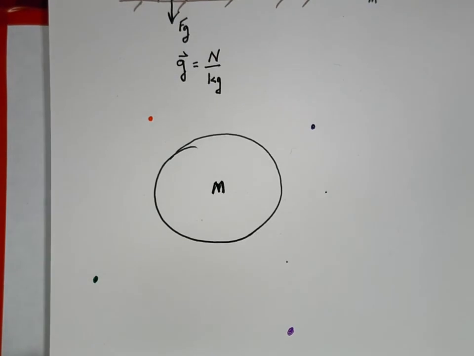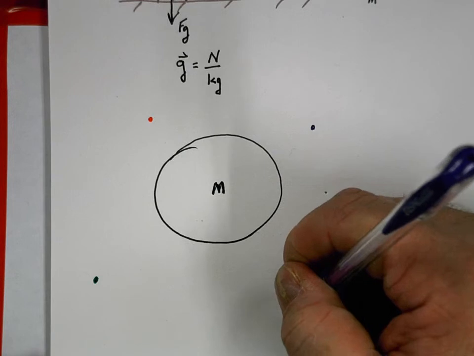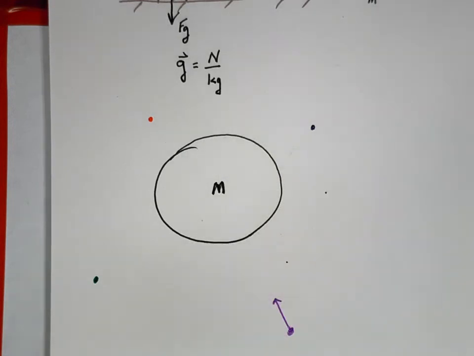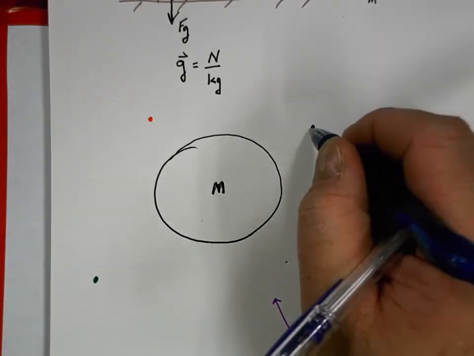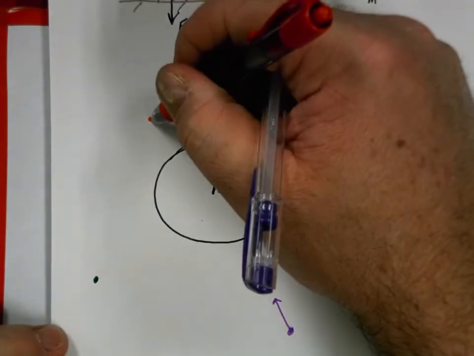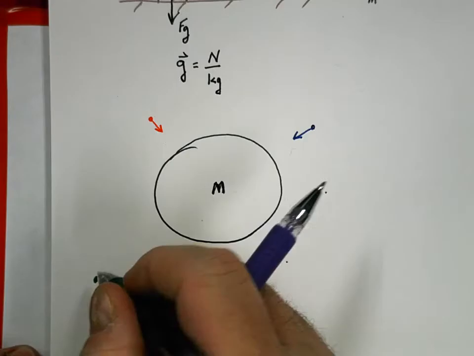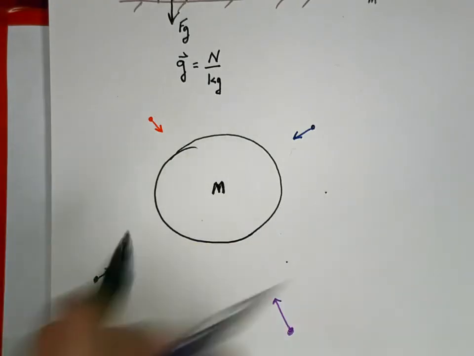All of these are experiencing a force towards the center of our planet, and all of them are under what's called the effect of the gravitational field. All of them are in the gravitational field of the planet.